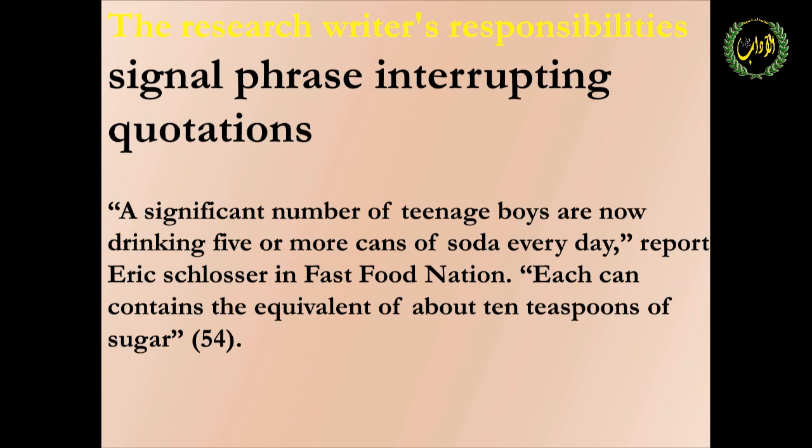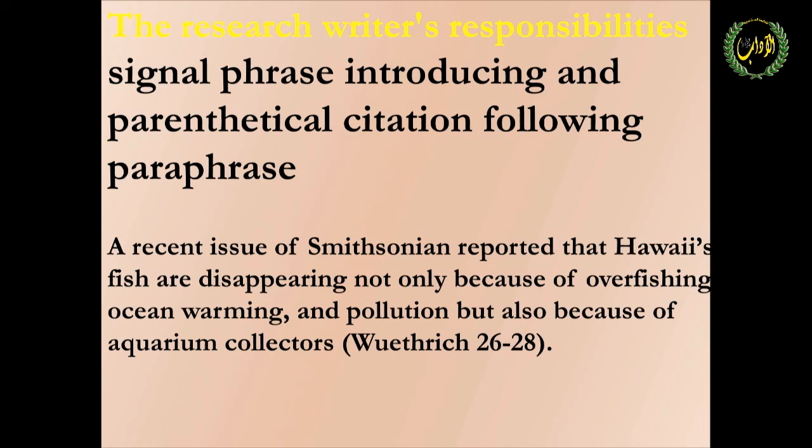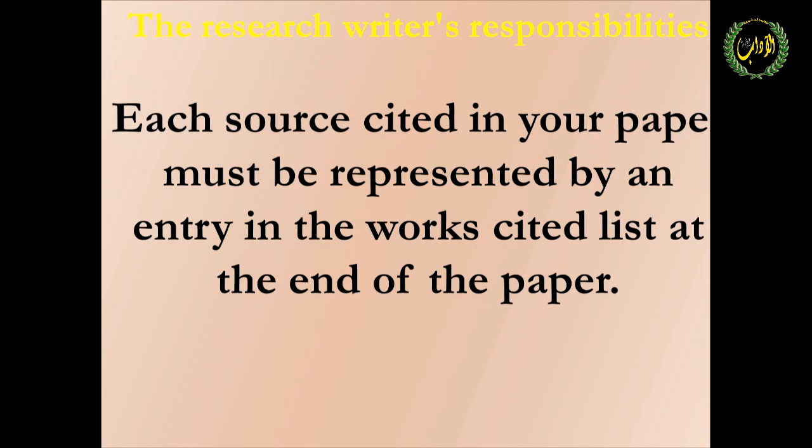It means the quotation is split into two parts with the signal phrase in the middle. And third, we have a signal phrase at the end of a direct quotation. So these are the forms of signal phrase used by researchers.